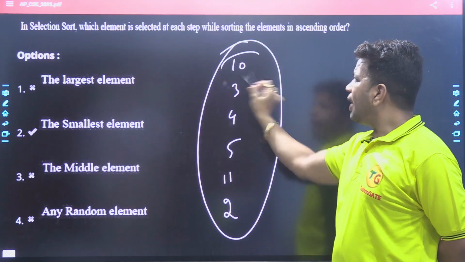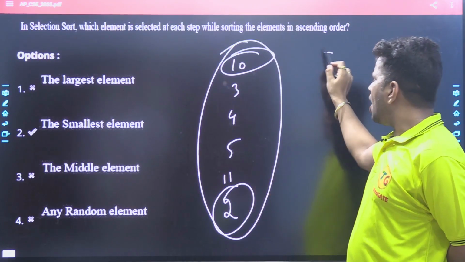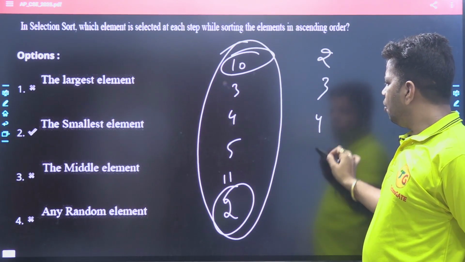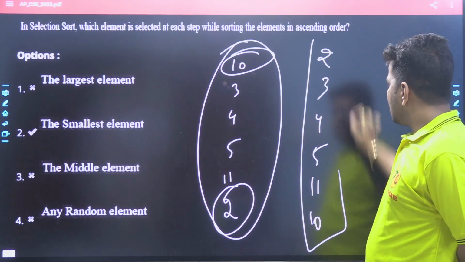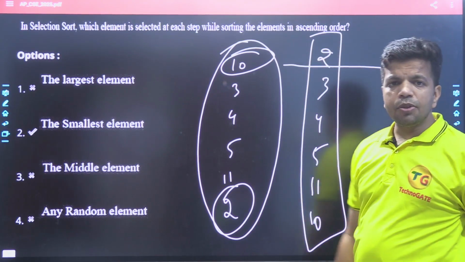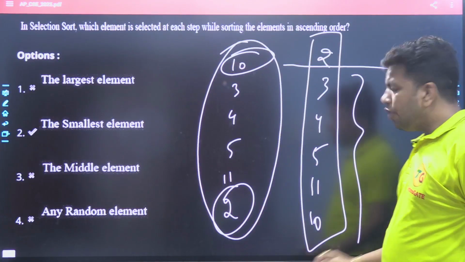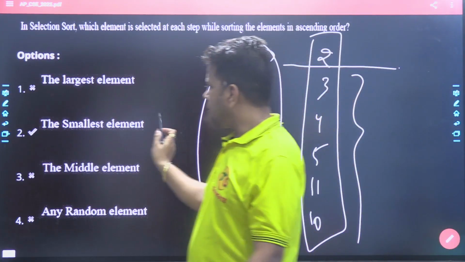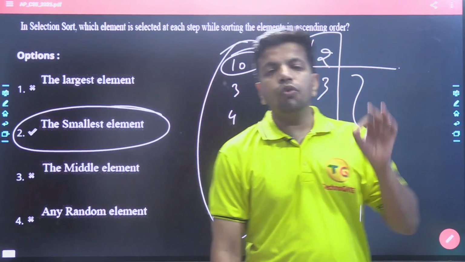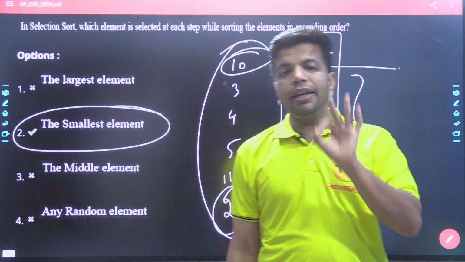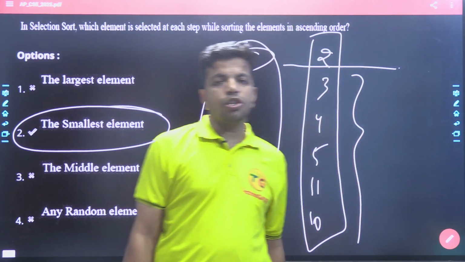Here the first is 10 and the smallest is 2, so we swap: 2, 3, 4, 5, 11, 10. Now the first element is at its fixed position. From the rest, again we find the smallest one. So you can go with answer 2. Always we find the smallest element of the remaining part and place it at the first position of that part.